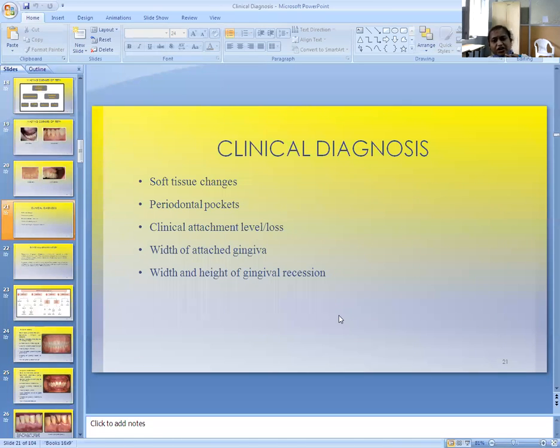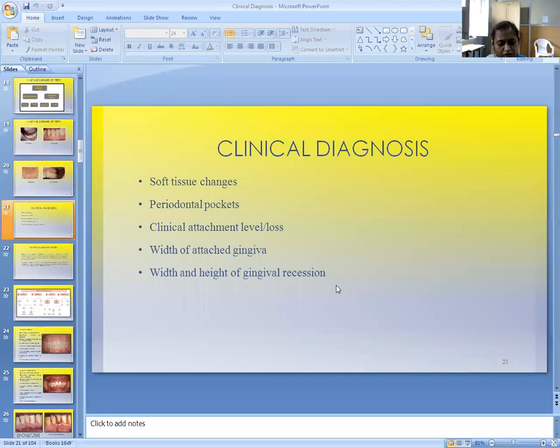So we'll start intraoral examination. In intraoral examination, under teeth, we record the number of teeth present, then wasting diseases, trauma from occlusion, fremitus test, then caries and carious teeth identification. All this is teeth-related.